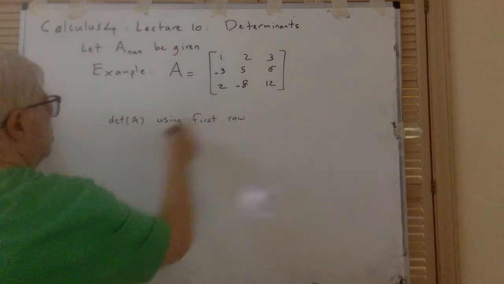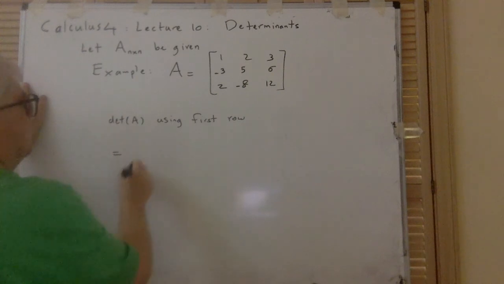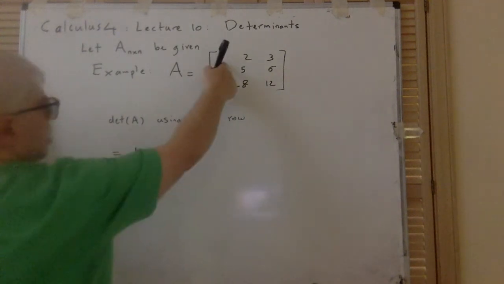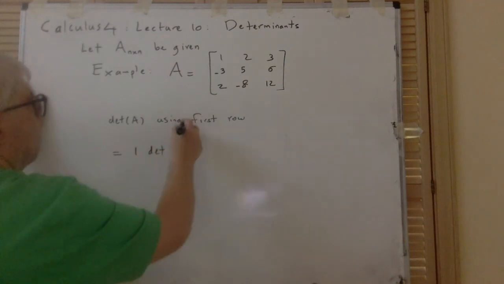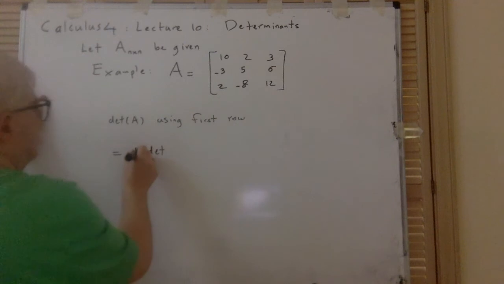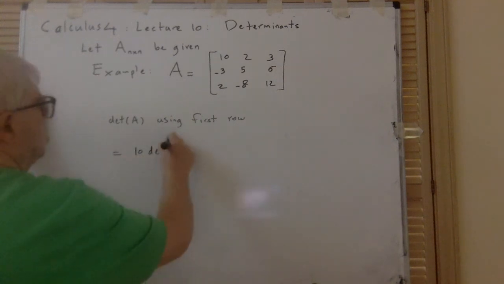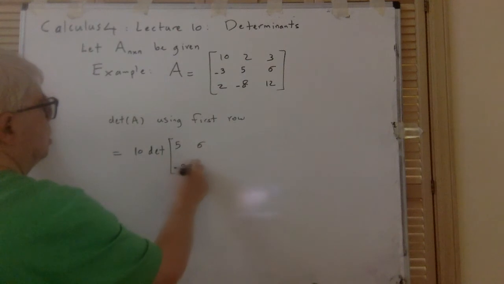row. Okay? So it is 1 times determinant of, well, let me say 10, because then you don't get confused. So 5, 6, minus 8, 12. Right?